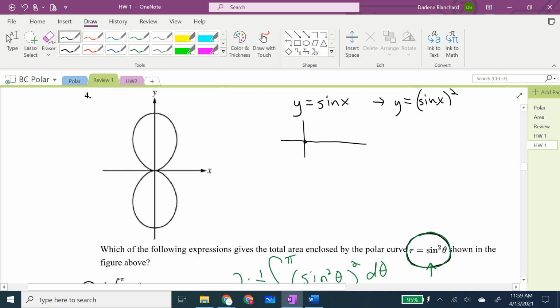I know its graph goes, woo. And I know that this is going to be 2 pi over here. I know this is going to be pi over here, 1, -1. Now, if I square the y values, what is that going to do?